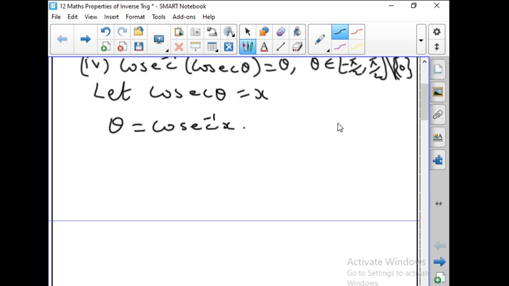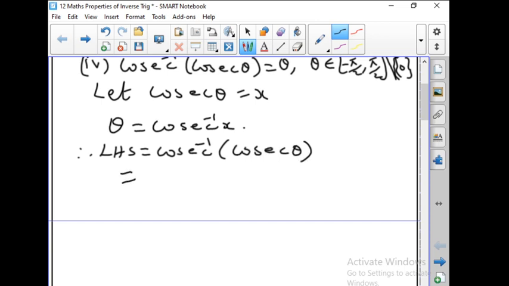Therefore, what is the left hand side? Left hand side is equal to cosecant inverse of cosecant theta. Very simple proof. So it is equal to cosecant inverse of x, since we have taken cosecant theta as x. You can take this as 1. So it is cosecant inverse of x from 1.